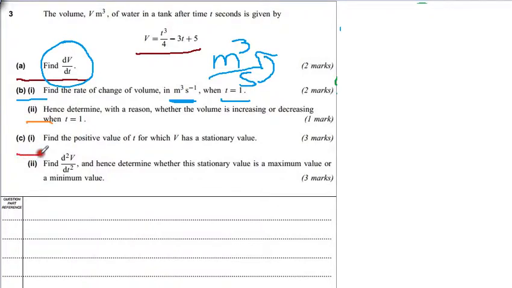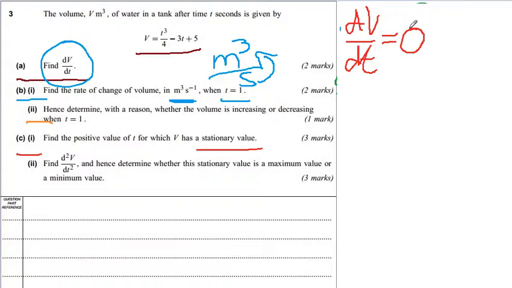So, question ci. Find the positive value for t for which v has a stationary value. Well, stationary value, it's not really intuitive, but a stationary value means that your rate of change is 0, which means dv over dt is equal to 0. So what was dv over dt?